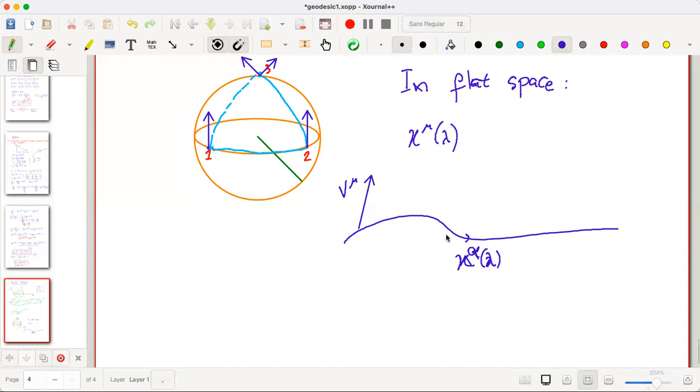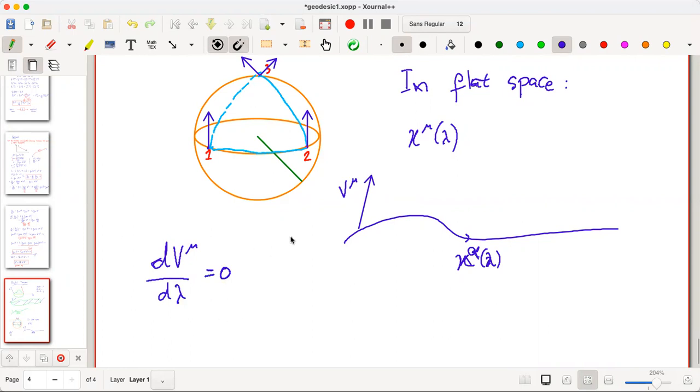Now, the requirement that v mu should be constant, constant in magnitude and constant in direction along this curve, is equivalent to saying that dv mu d lambda is equal to 0, right?